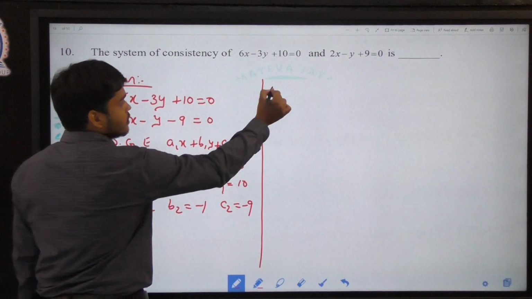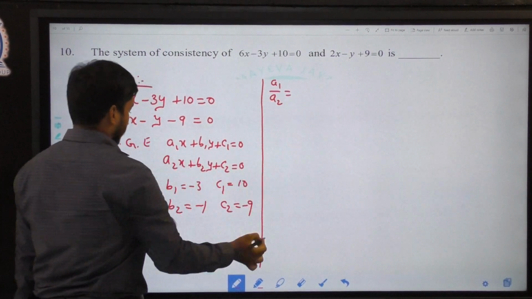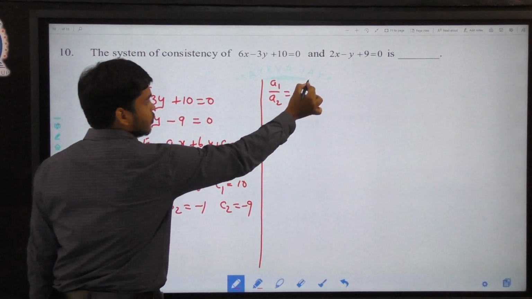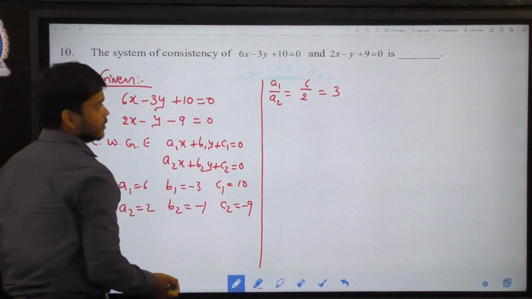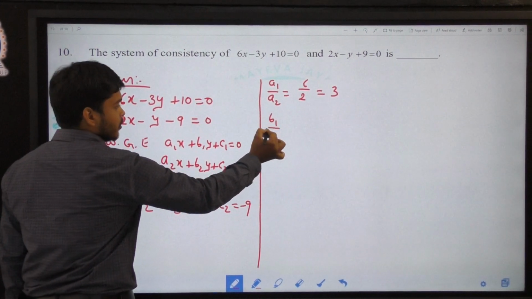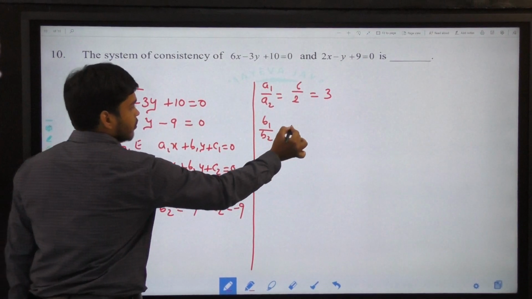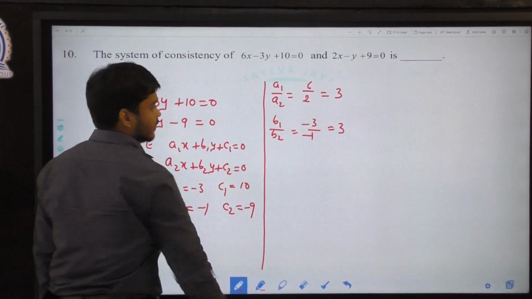Now the ratios of coefficients. a1 by a2 is 6 by 2, which is 3. Next, b1 by b2 is minus 3 by minus 1, the minuses cancel, so 3.